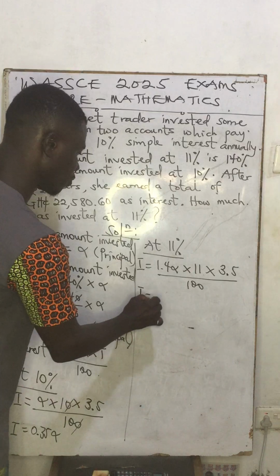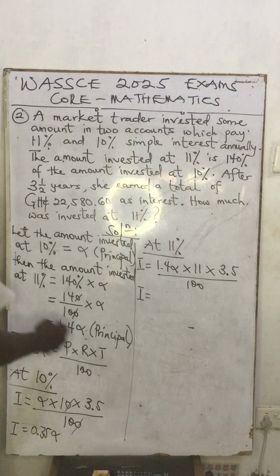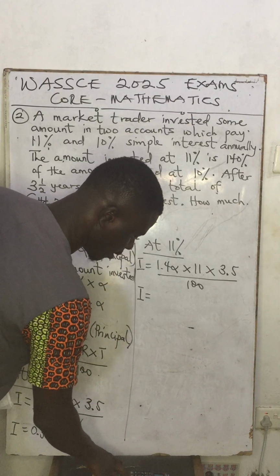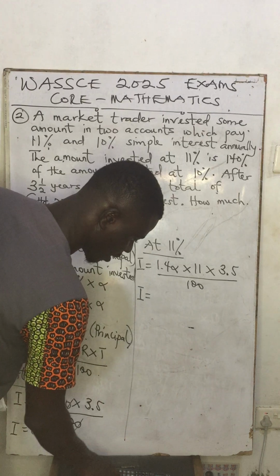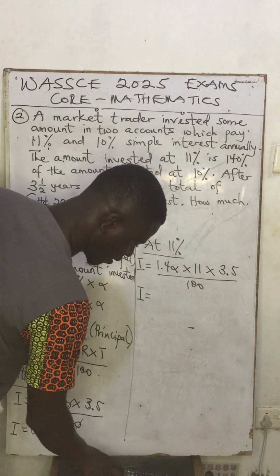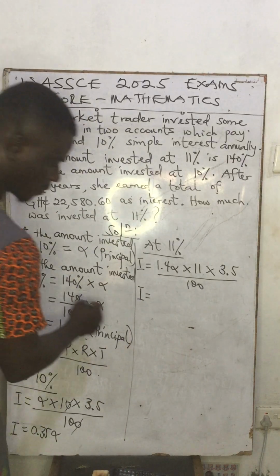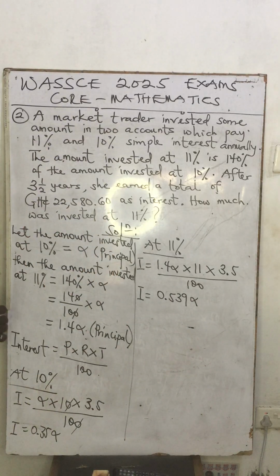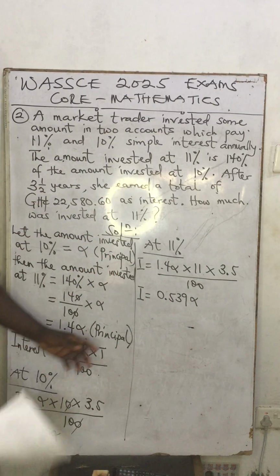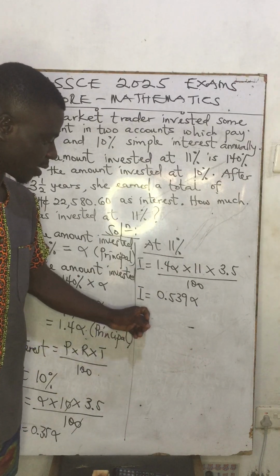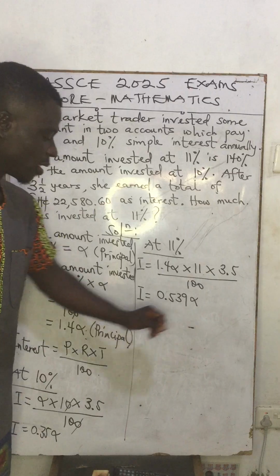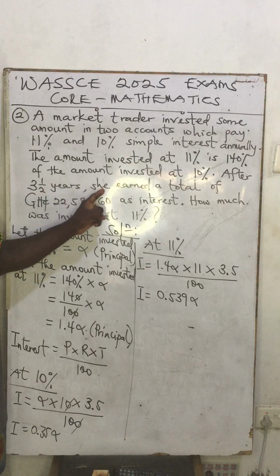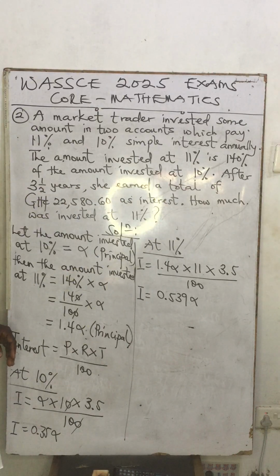Then our interest will be 1.4 times 11 times 3.5 divided by 100, and this will give us 0.539 alpha. This is the interest at 11%.